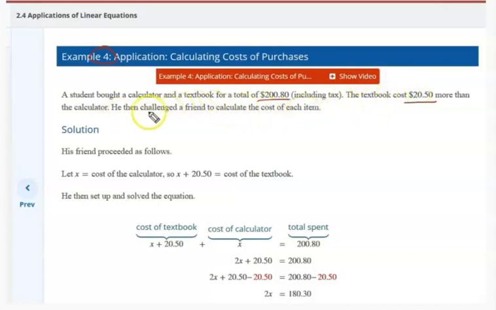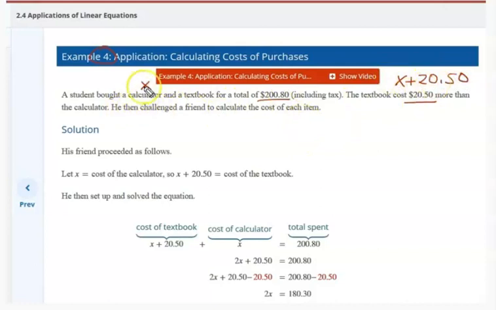Well, how much did the calculator cost? Well, we don't know. Let's call that x. How much did the textbook cost? Well, we knew he spent as much as he did on the calculator plus 20.50 more.